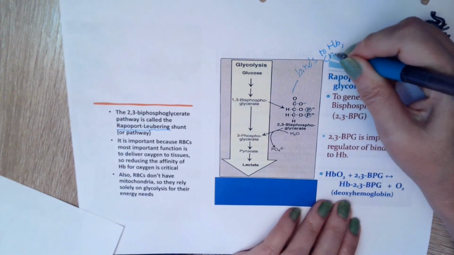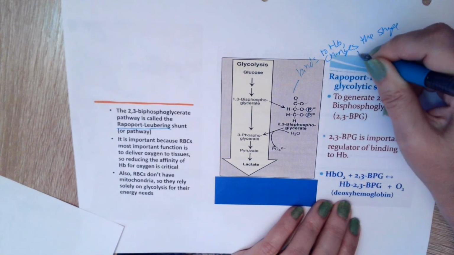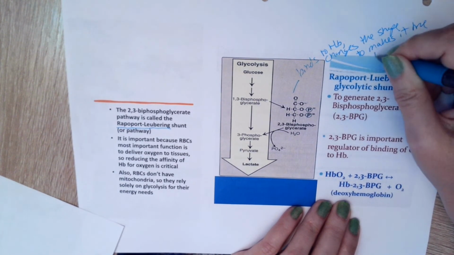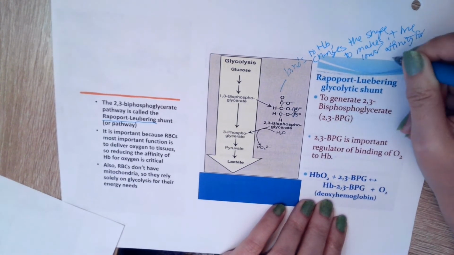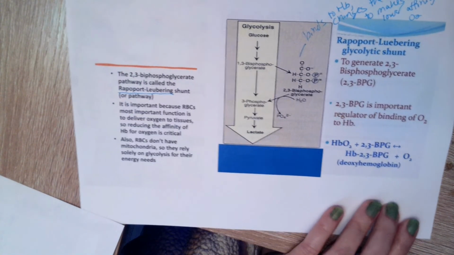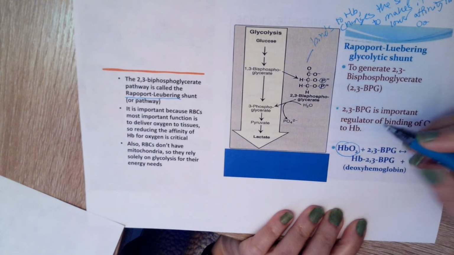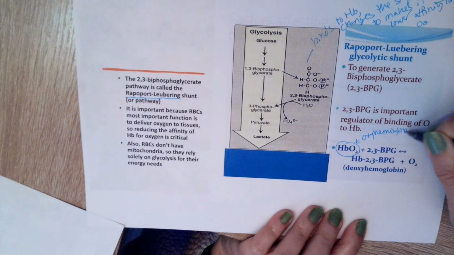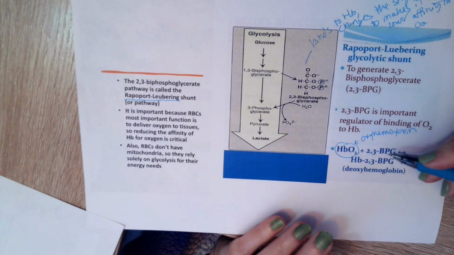It changes the shape, so it causes a conformational change in the hemoglobin. And that makes it have lower affinity for oxygen. So it lets go of the oxygen. So this is important. We're going to take our oxyhemoglobin, so HbO2 is oxyhemoglobin, that's hemoglobin with oxygen bound to it.